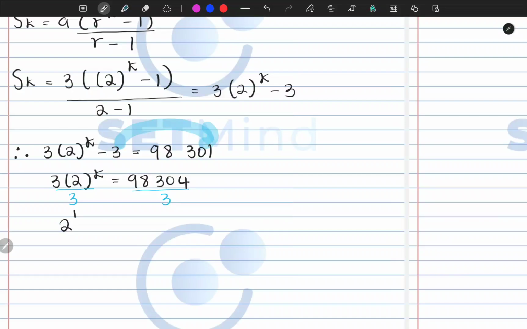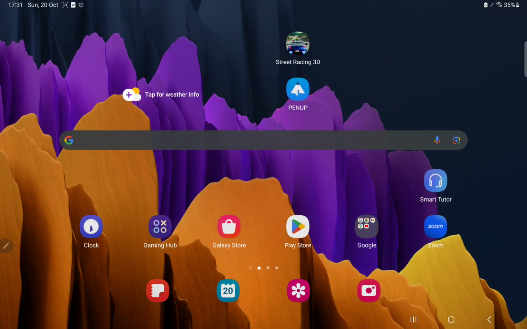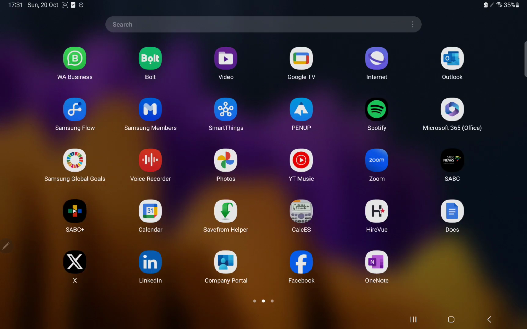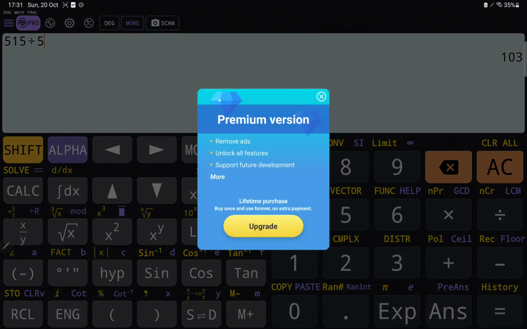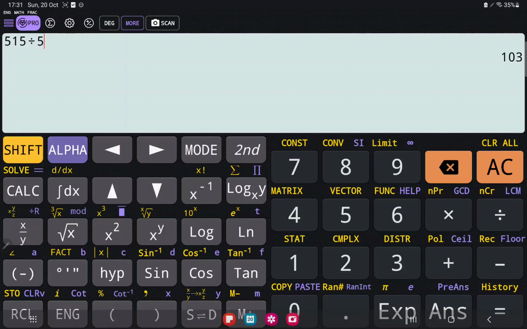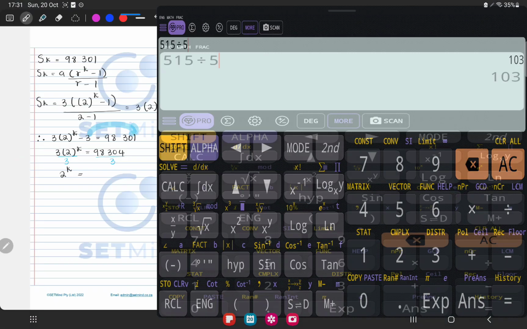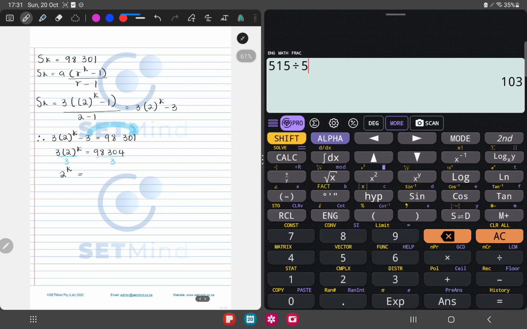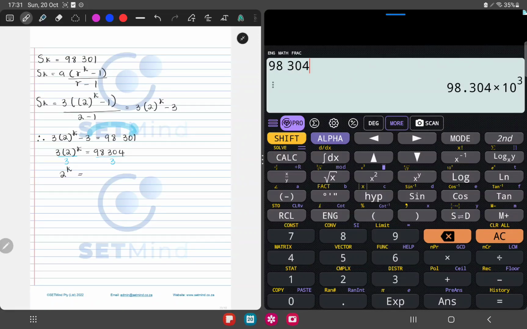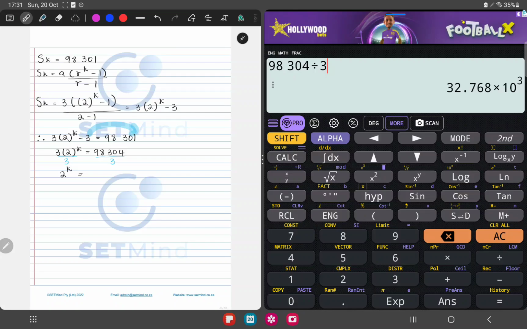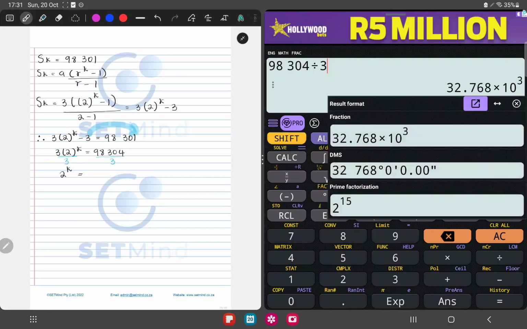So I'll have 2 to the power of k equals, let's quickly get our calculator. So if you look carefully, we're going to have 98,304 divided by 3. And that there, if you look carefully, will give me 2 to the power of 15.